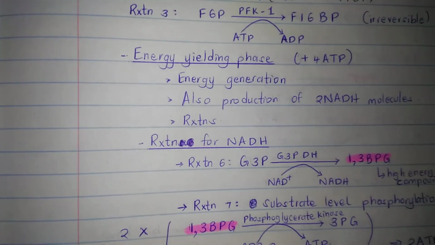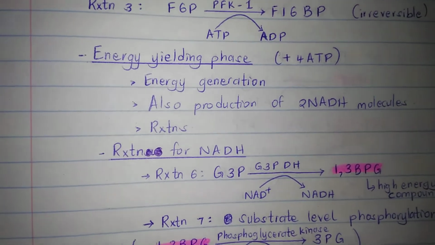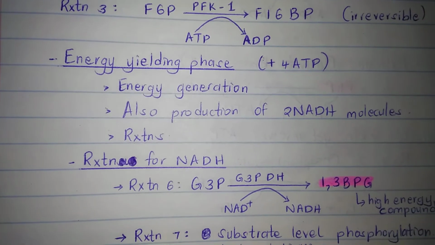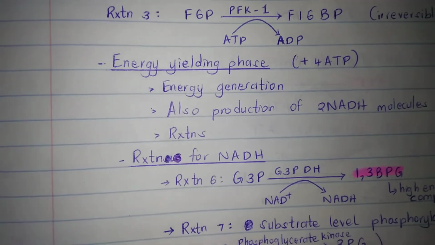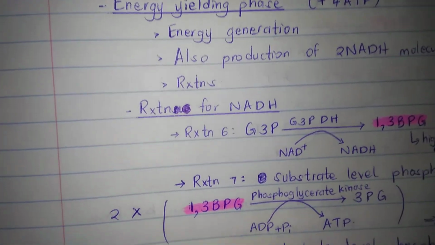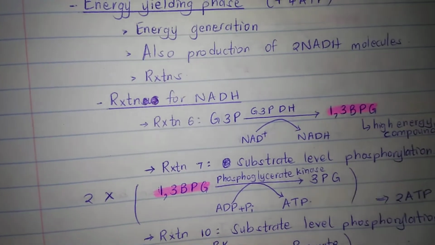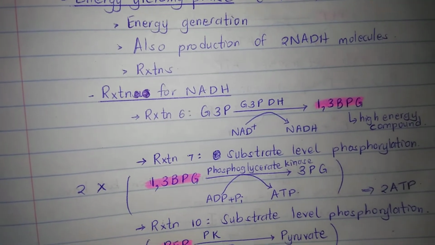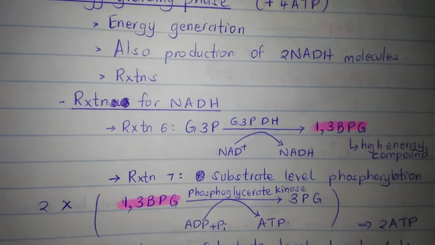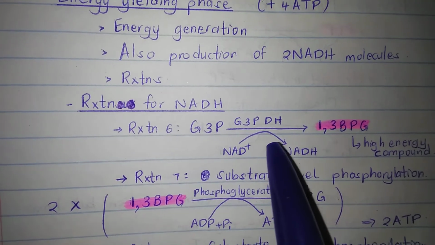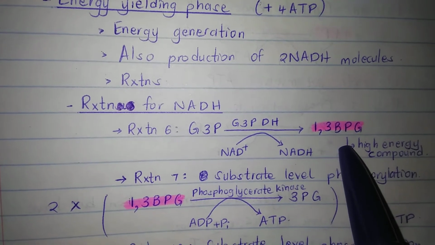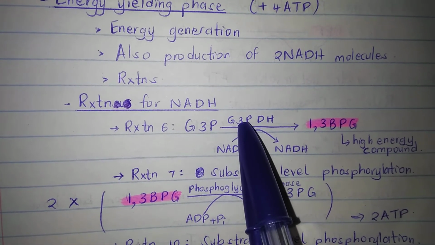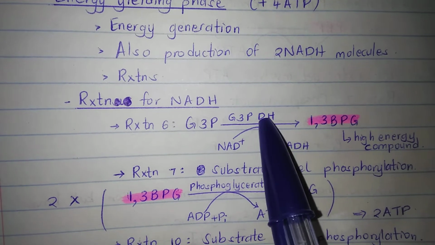Also, in this energy generation phase, we're going to produce two NADH molecules. So the reactions for the energy yielding phase would be reaction 6 of glycolysis, where glyceraldehyde 3-phosphate is converted to 1,3-bisphosphoglycerate, catalyzed by the enzyme glyceraldehyde 3-phosphate dehydrogenase.